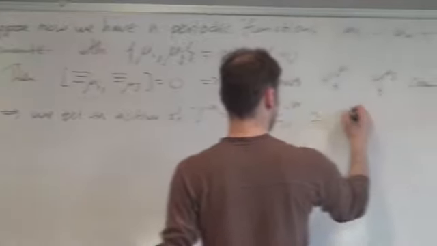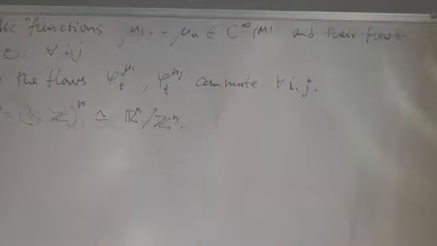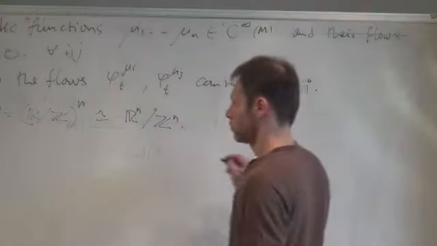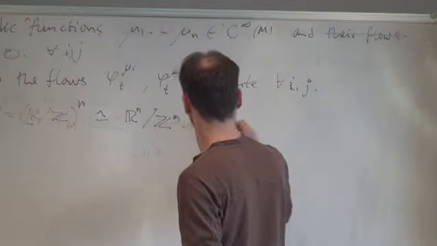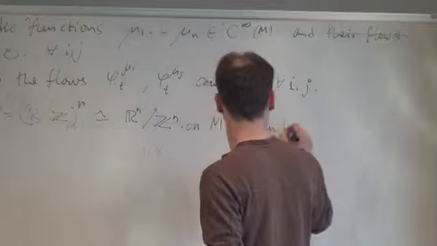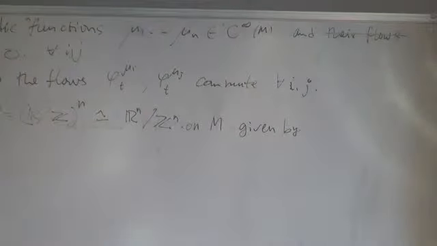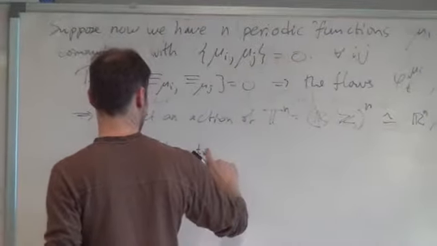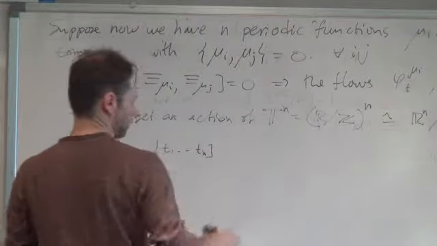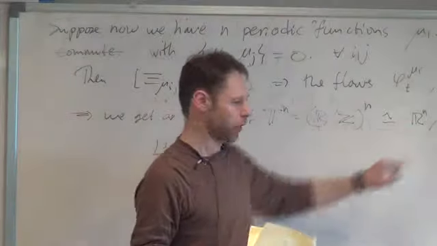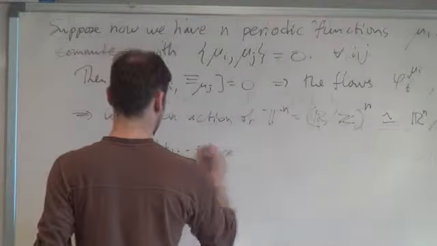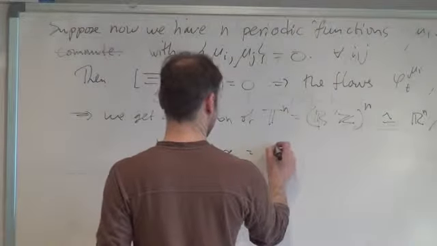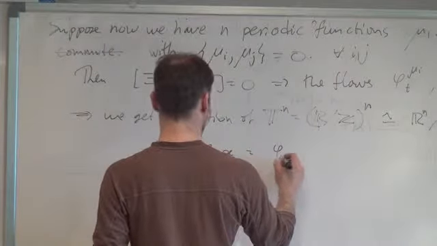You can also think of it as R^n mod Z^n, on M. If I take an equivalence class of vectors in here and apply it to a point in my manifold M, this is just a bunch of flows composed in some order.